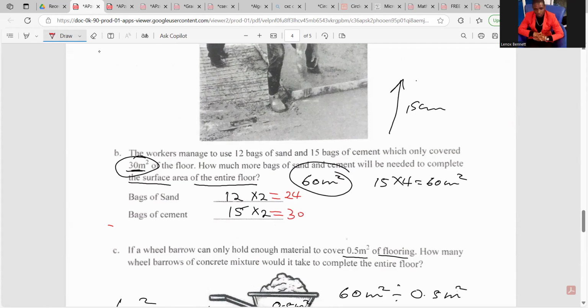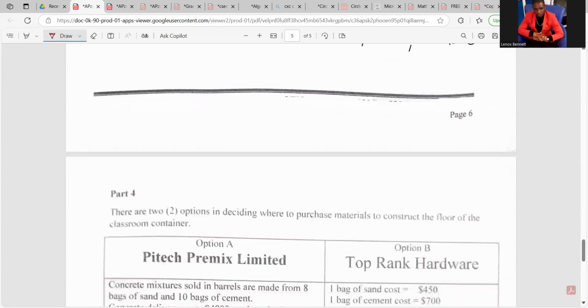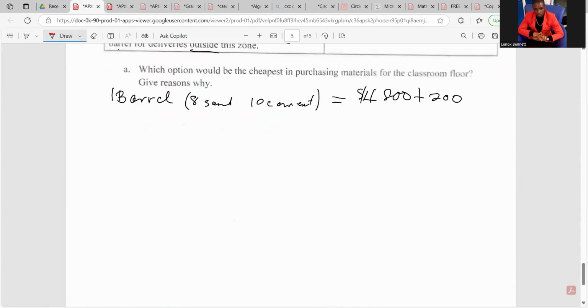Agree? Because this is half of it, so to do the other half, we're gonna need 12 more. So it's a total of 24 and 30. So this is what we're working with: 24 bags of sand and 30 bags of cement.